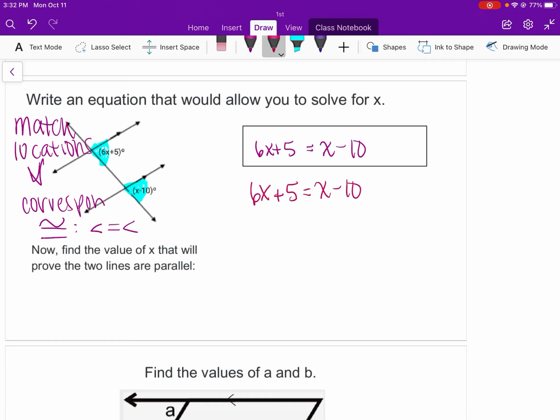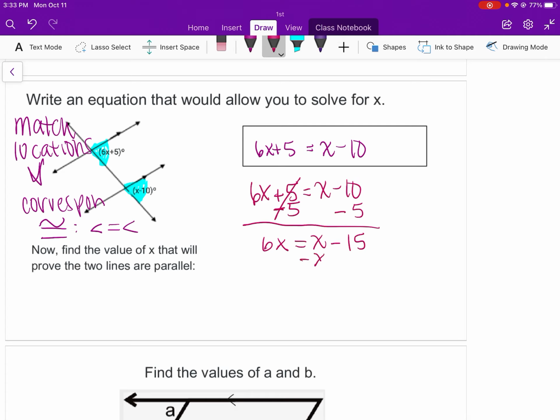Since it's 6x plus 5, I need to subtract 5 to make that become 0. So if I subtract 5 from one side, I have to subtract 5 from the other side. So when I do that, 6x is equal to x minus 15.